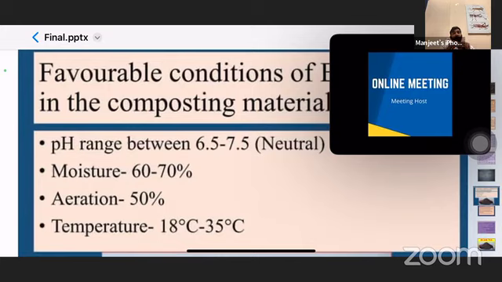So moisture should be 60 to 70%. Aeration at least 50%. That's why the open bed vermicompost is prepared over the cemented pits. Temperature should be between 18 to 35 degrees Celsius.